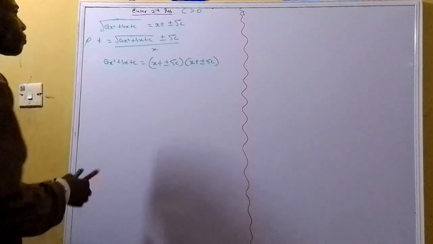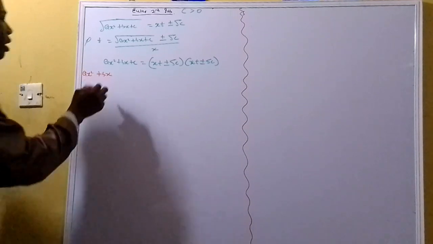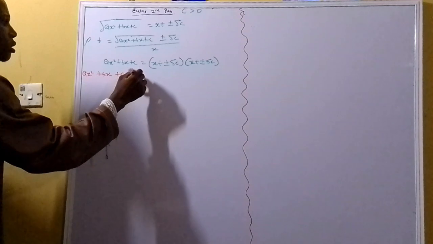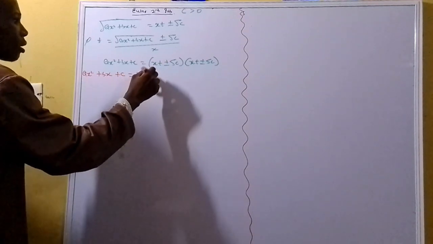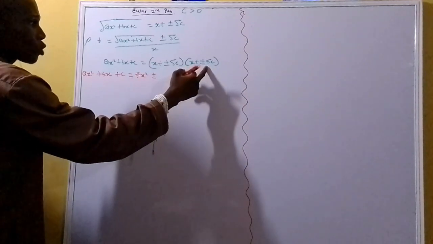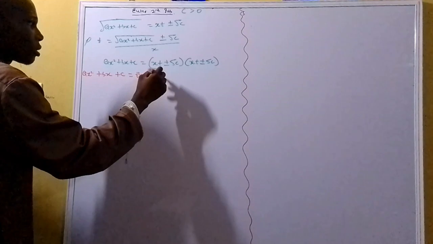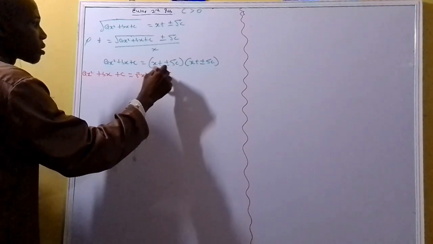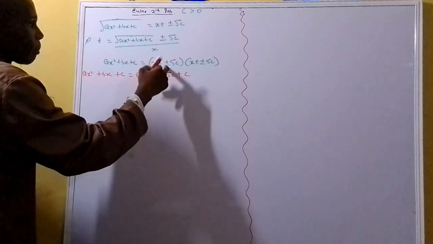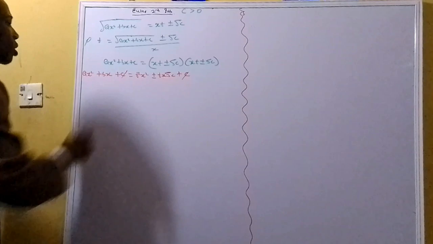Then moving on, you have ax squared plus bx plus c equals t squared x squared plus or minus xt root c, and again plus or minus xt root c, and you have plus c. Why is that? Plus times plus is plus, minus times minus is still plus. Then root c times root c gives ordinary c. So c cancels out c.